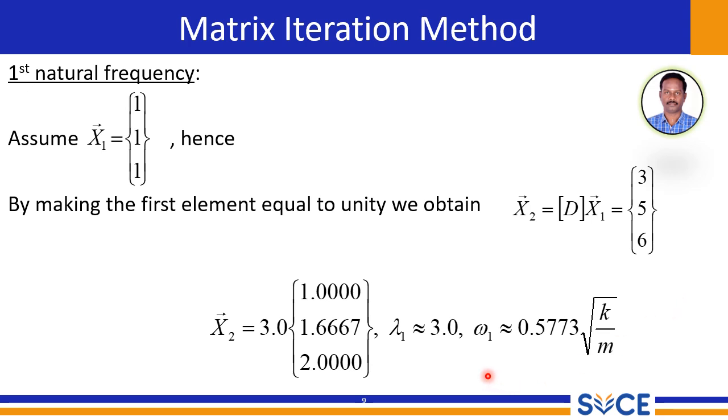This slide illustrates the first iteration of the matrix iteration method. We started with the initial vector x1 equal to 1 1 1. Afterwards we got a normalized vector, and we continue with this normalized vector for the next set of iteration.